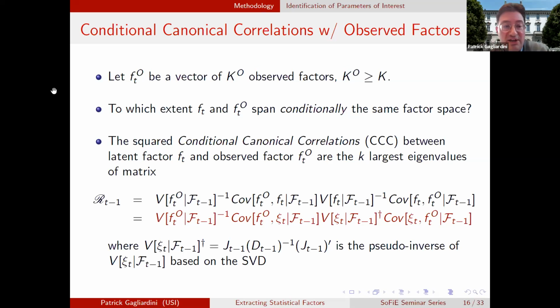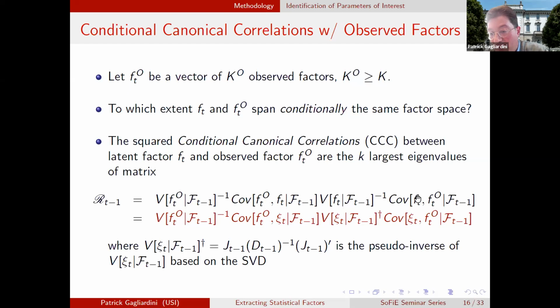So for this, we can consider the conditional canonical correlations between these two vectors, which are basically the square roots of the eigenvalues of this matrix, which is written here.